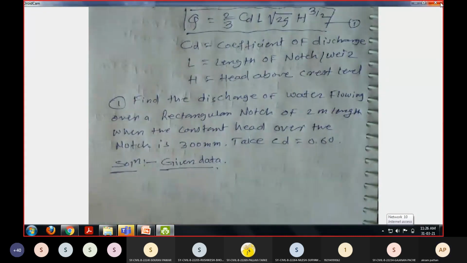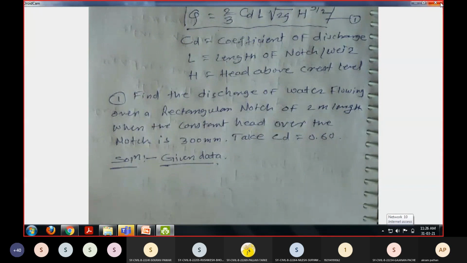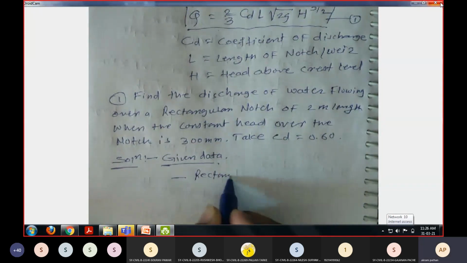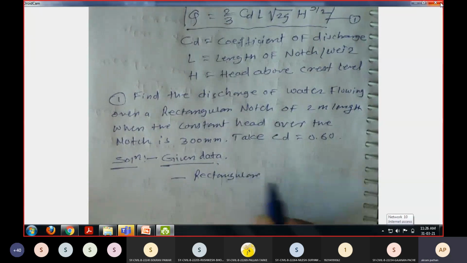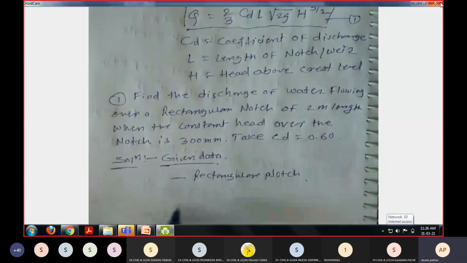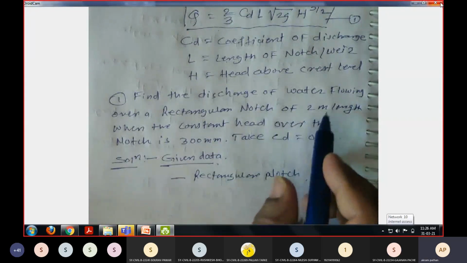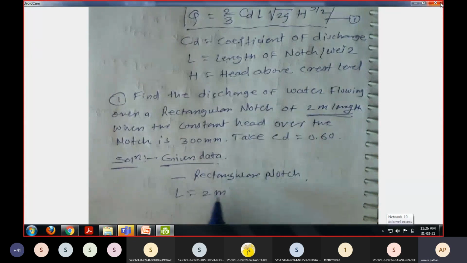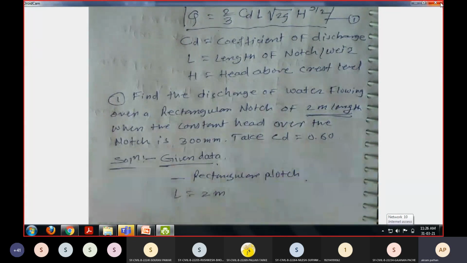So what is given? A rectangular notch is given. Then the length of the notch is given as 2 meter. So L is 2 meter.